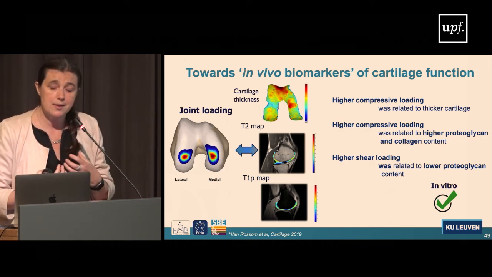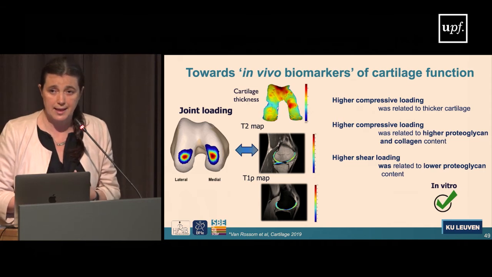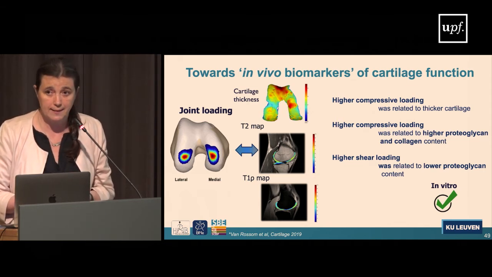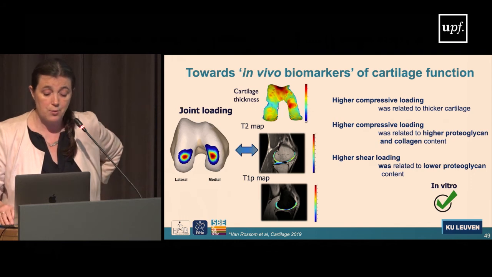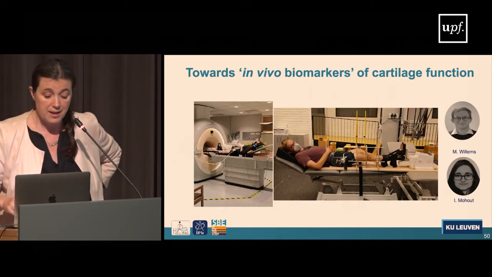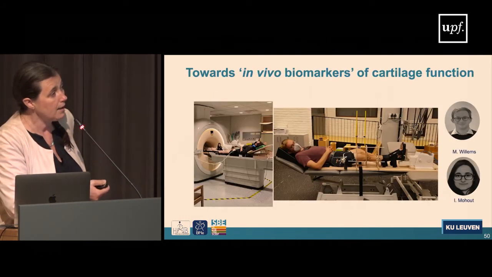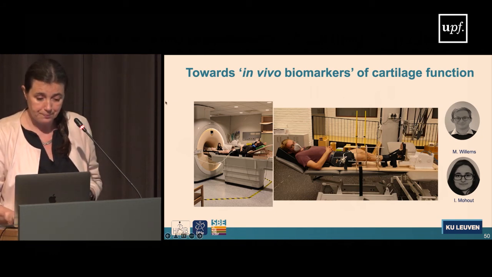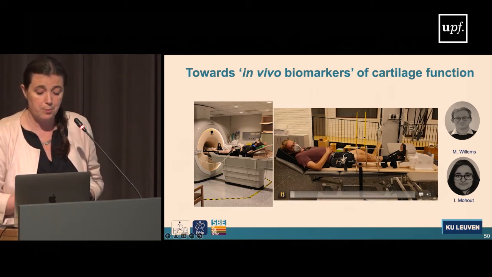So with these, we try to have a better understanding of the mechanobiology at the joint level that we can then also use for the evaluation of our patients. Because finally, we would like to use this to come to some in vivo biomarkers.